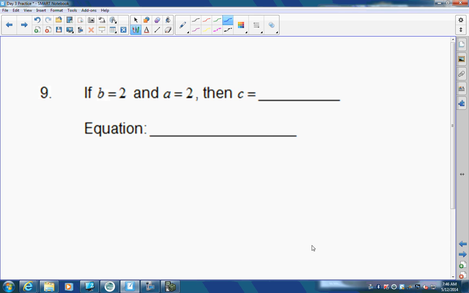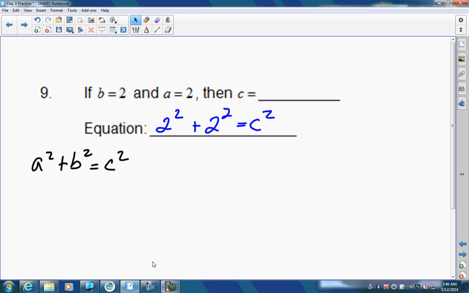Number 9. Remember, we have A squared plus B squared equals C squared. It gives me A and B. So I have 2 squared plus B, which is also 2, 2 squared equals C squared. You can also do it without the calculator.